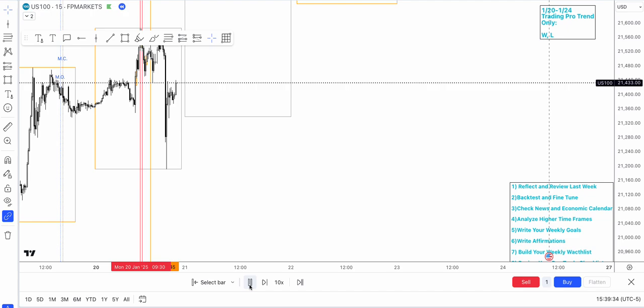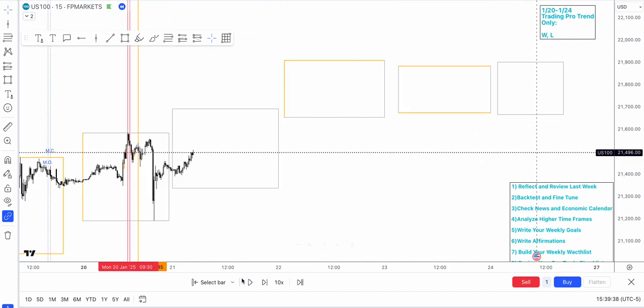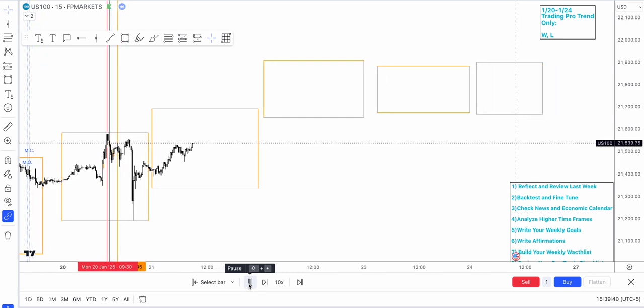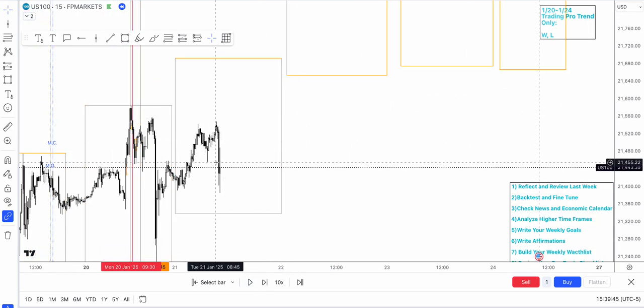It's a regular day, a little more of an uptrend. We're seeing this big sweep of sell-side liquidity here.